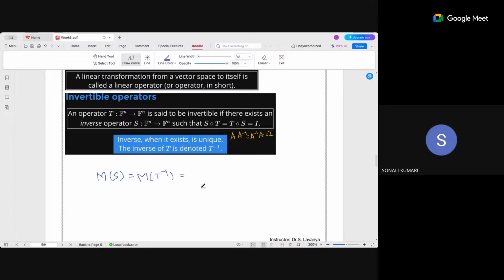You have an operator T, and T inverse is the inverse operator. For T, the matrix representation is M of T. I'm asking for T inverse, whose matrix representation is M of T inverse. Can you compute this M of T inverse using M of T?